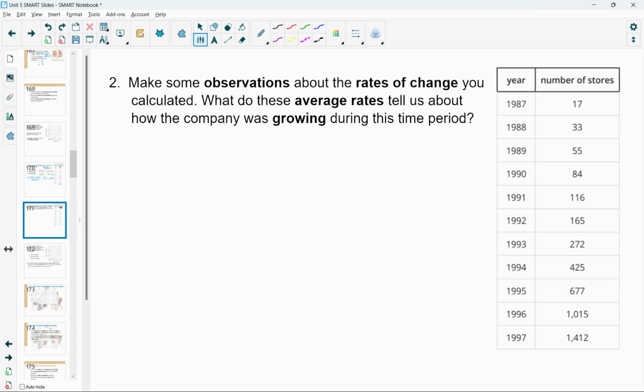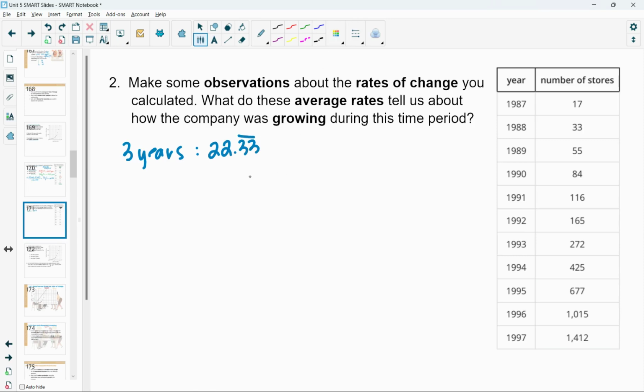Number 2 says to make some observations about the rates of change you calculated. Do these average rates tell us how the company was growing during this time period? So I just made a couple of observations. In the first 3 years, it was 22.33.